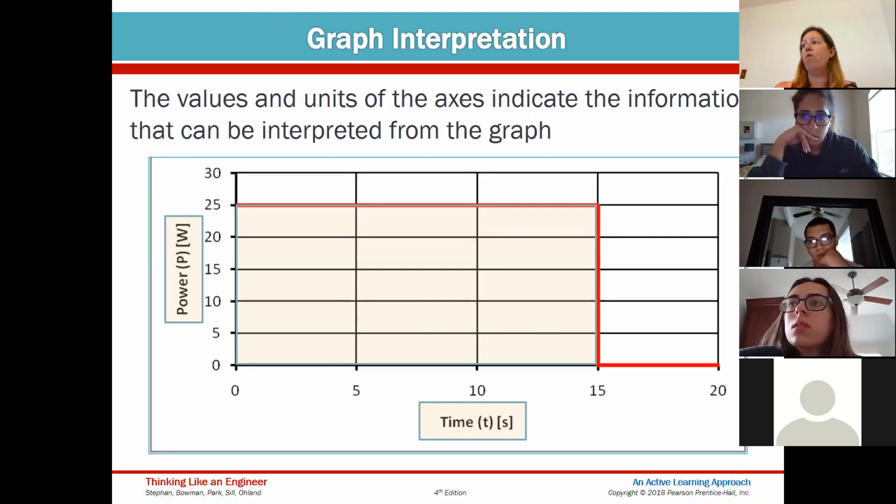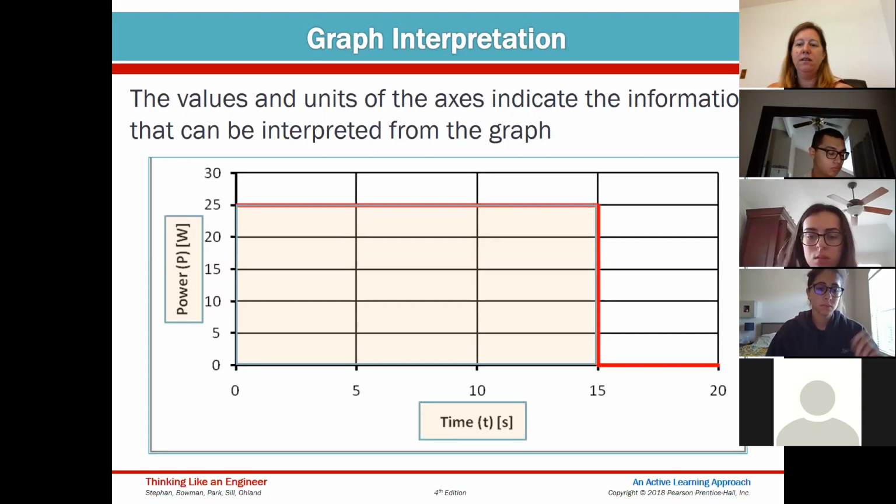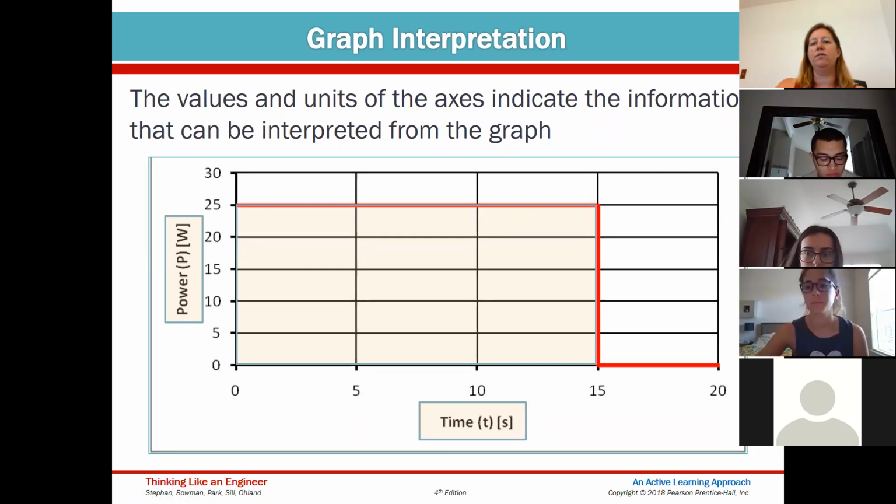So if we have 25 watts times 15 seconds, what is our total energy according to this curve? 375. And what are our units? Joules. Okay.